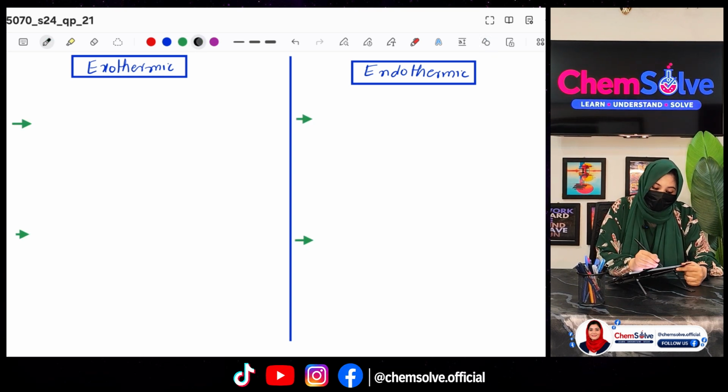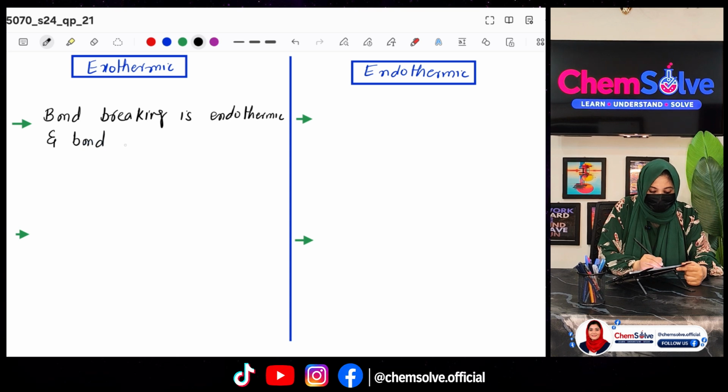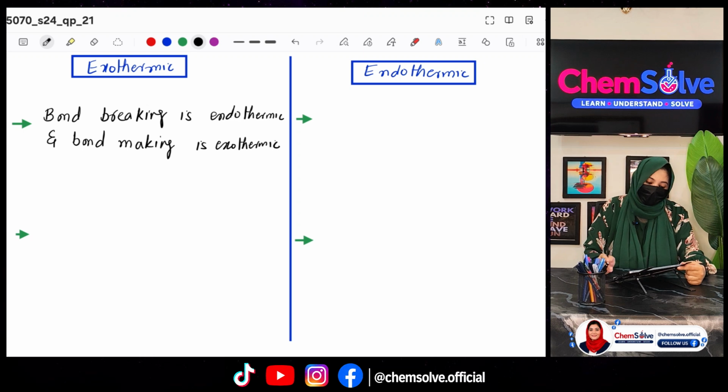The first point will remain same. You will say bond breaking is endothermic and bond making is exothermic.